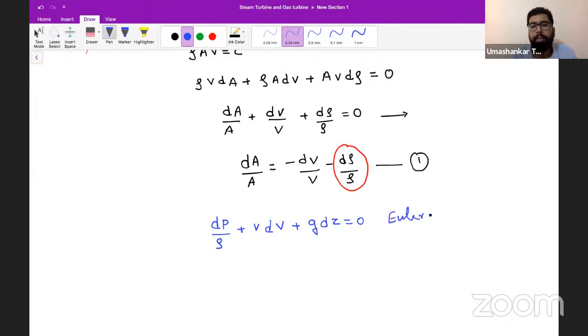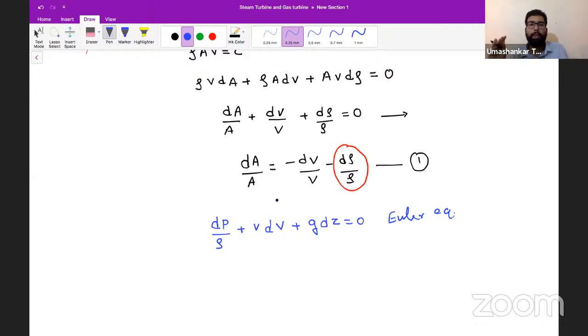It is the same thing, as I told in the previous class. If you see any thermodynamics book or any power plant book following the thermodynamic approach, you will find that these expressions, which I am going to derive from the Euler equation, have been derived with the steady flow energy equation. It makes no difference.